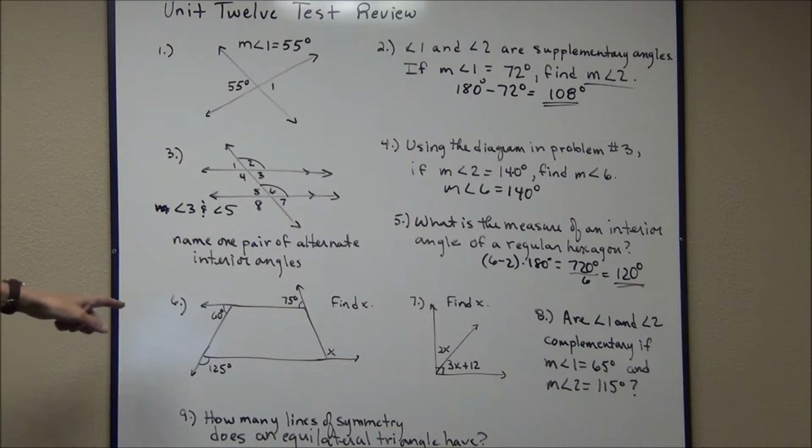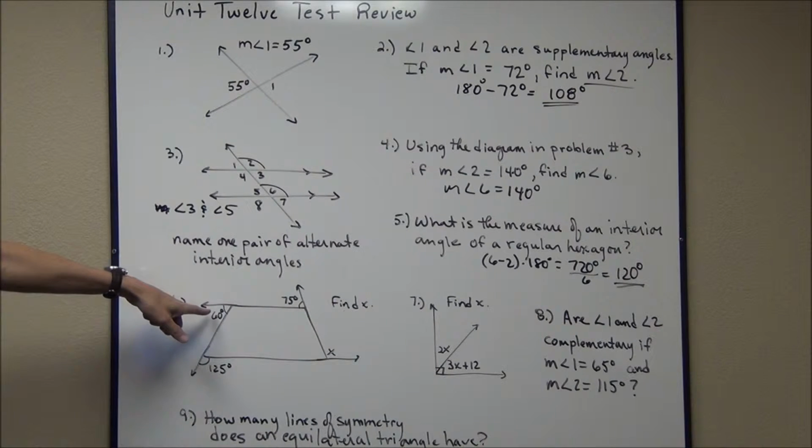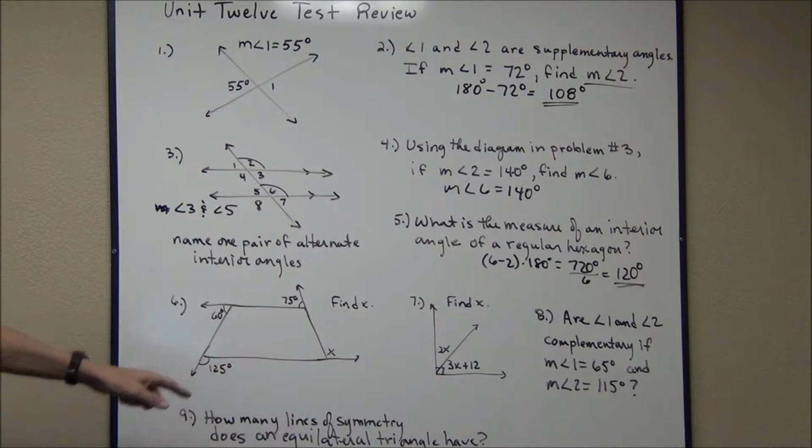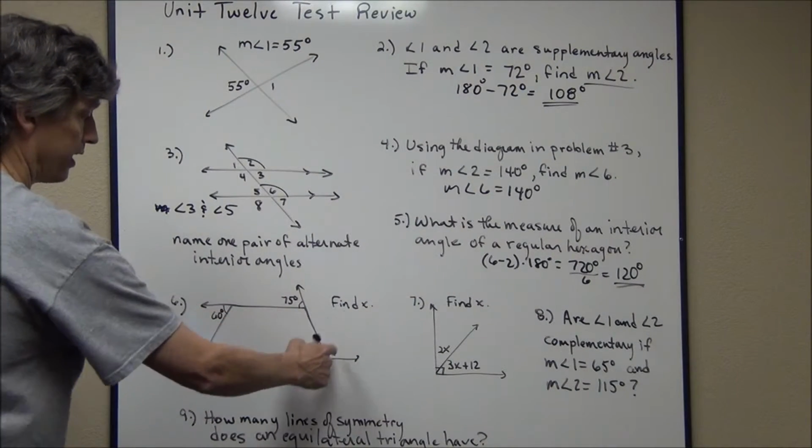Problem number 6, over here I have a quadrilateral drawn, and I have an exterior angle marked at each vertex. Only one. We know that the sum of the exteriors add up to 360. We're to find x.